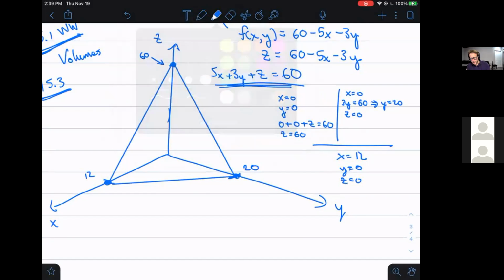There's another part to this. It mentions something about the XY plane in a particular curve. So in mine, it mentions that R, the region R, is this region in the XY plane bounded by the line 3y plus 5x is equal to 60.